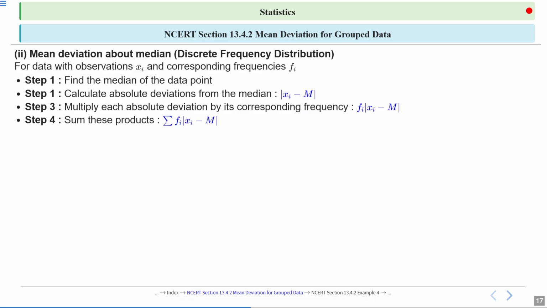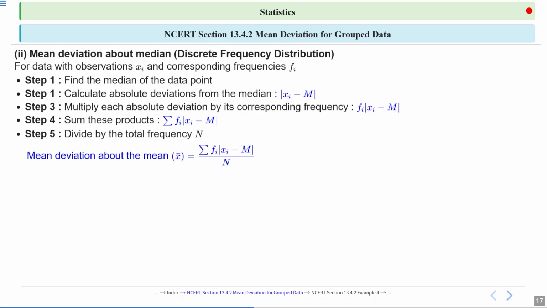Step 4 is to sum up all these products. In other words, we add together all the fi times mod of xi minus m values for every data point. Step 5 is to divide by the total frequency n.